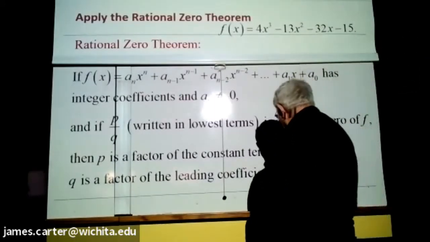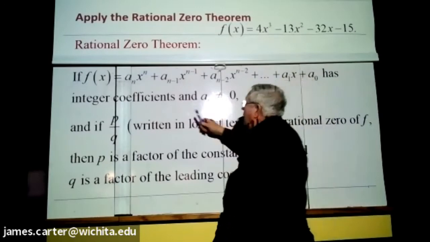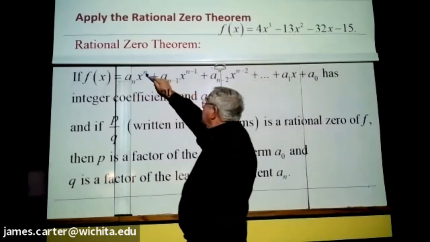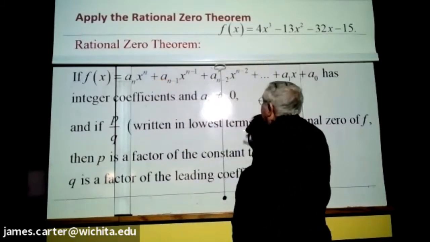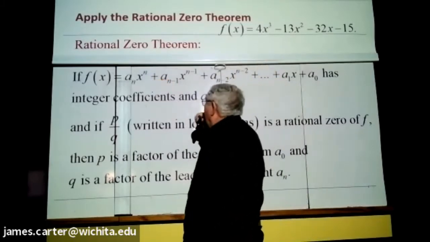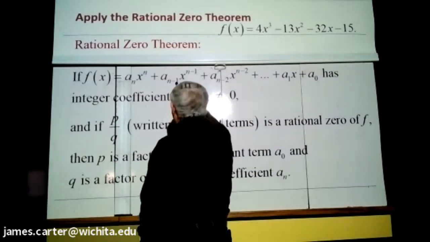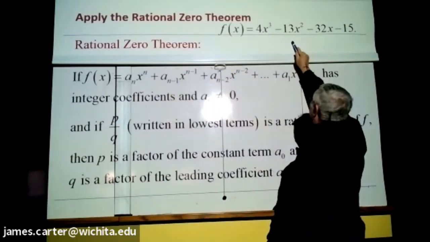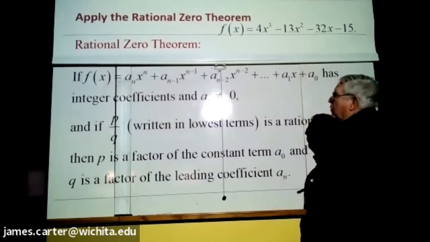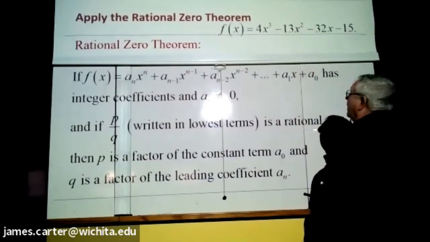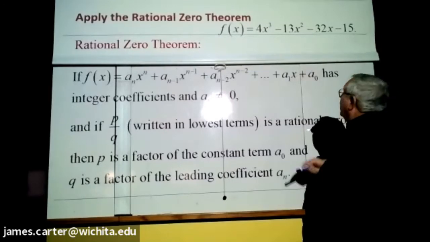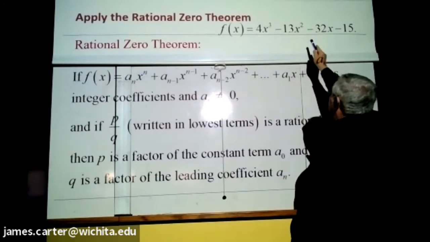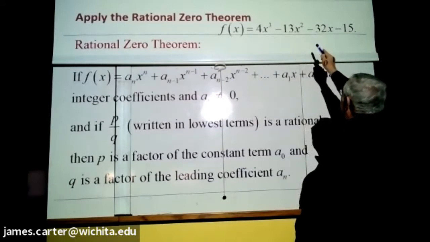Remember, in this particular case, a sub n would be this 4. This n would be that 3. N minus 1, meaning the next lower powered number, would be a sub n minus 1, whereas that one's n minus 1 there. If that's n minus 1, 3 to 2.